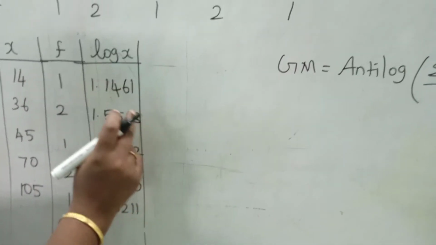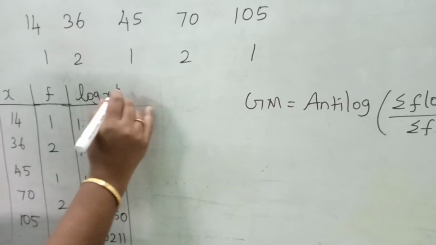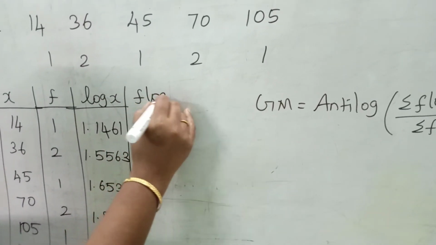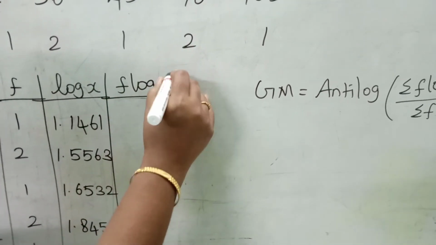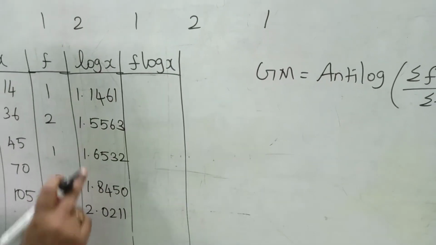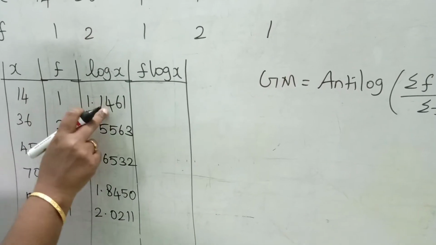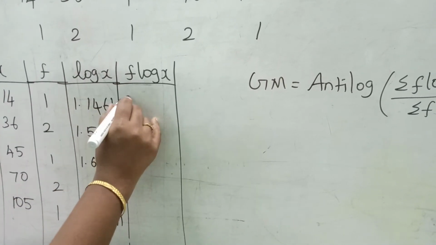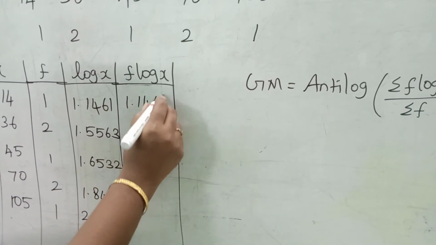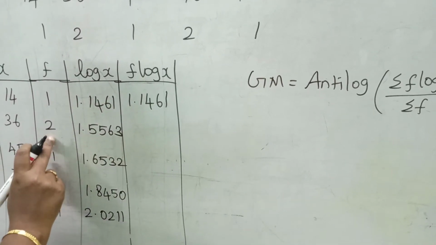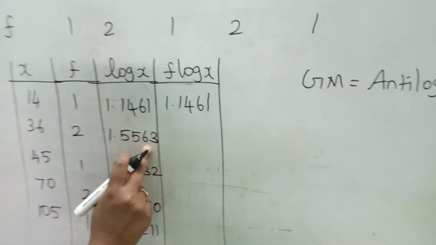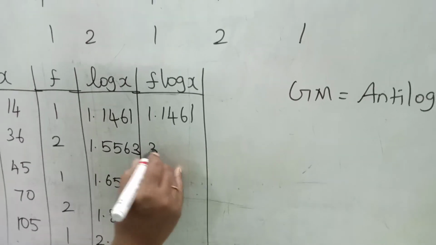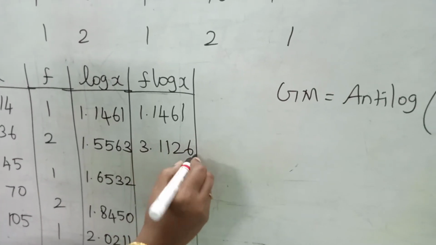Log 105 is 2.0211. In the fourth column, we need f into log x. I have to multiply the f value into the log x value. 1 into 1.1461 is equal to 1.1461. Next, f value is 2, 2 into 1.5563 is 3.1126.